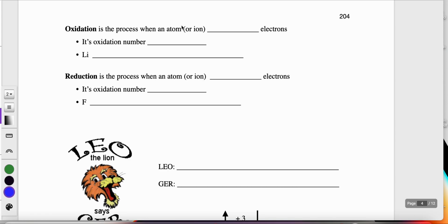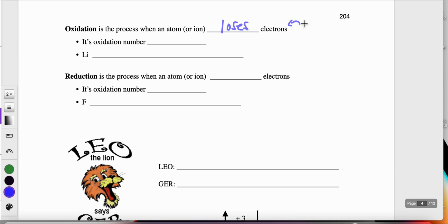We're going to look at two major terms in our redox process here: oxidation and reduction, and you need to know their definitions. Oxidation is the process when an atom or an ion loses electrons.